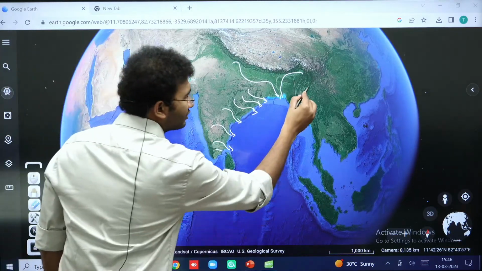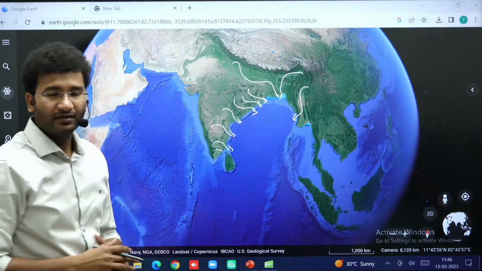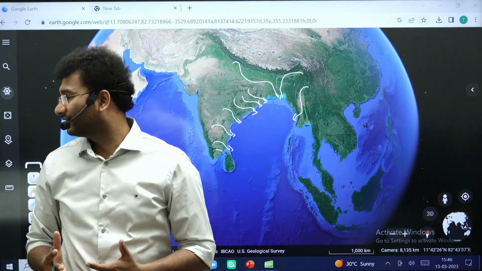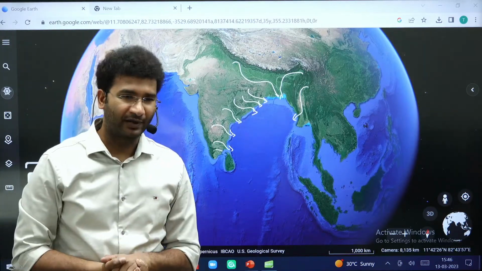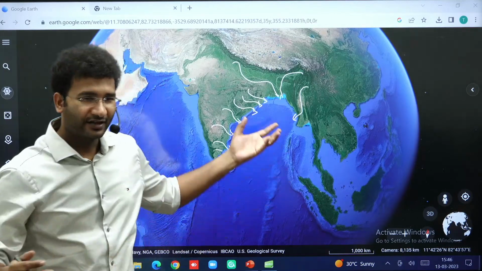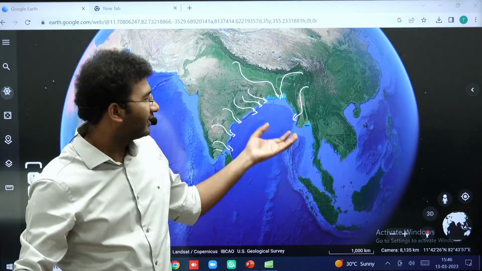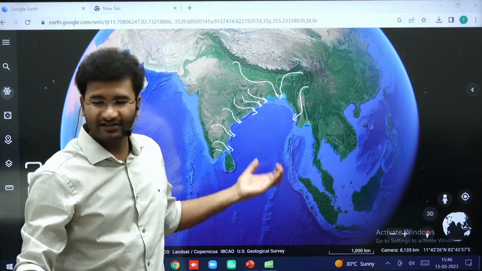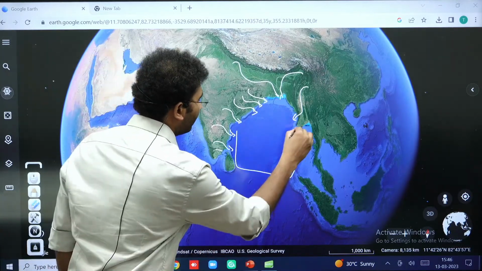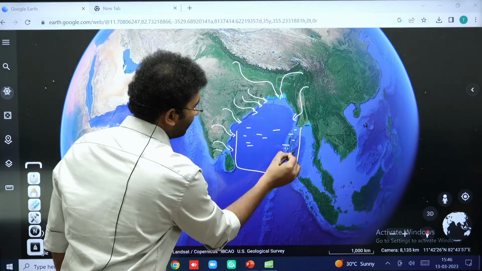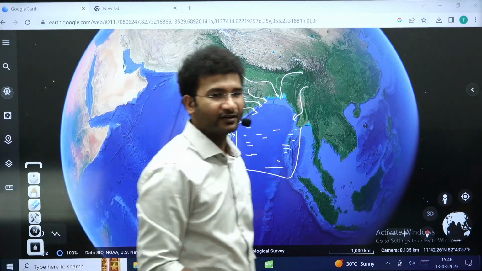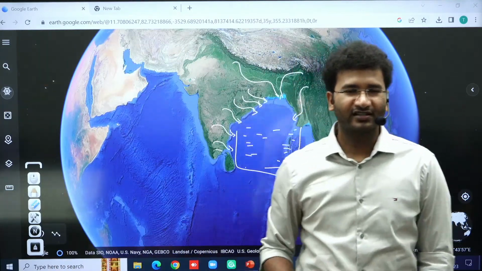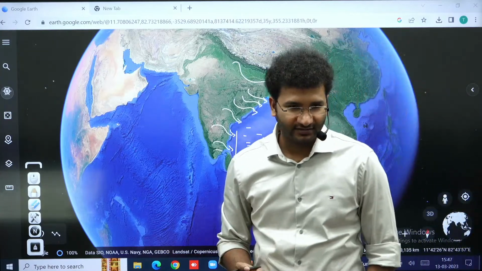Plus you will also have Irrawaddy. Such big rivers are draining into the Bay of Bengal. The depth, more or less, is the same. The depth here is on an average 3000 to 4000 meters. So imagine this as a bowl of water. Now in this, there is an addition of fresh water. Because of the fresh water, the salinity is comparatively a little less.